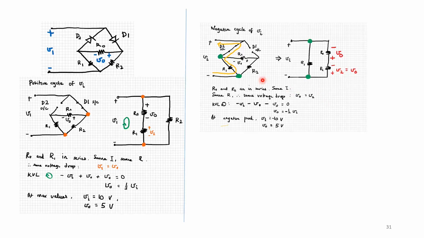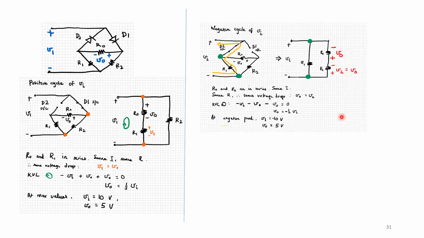And because V out is already defined in the original question, with its negative terminal connected to the positive terminal of D2, take note of the voltage across R out, which is V out, and the positive and negative terminals.